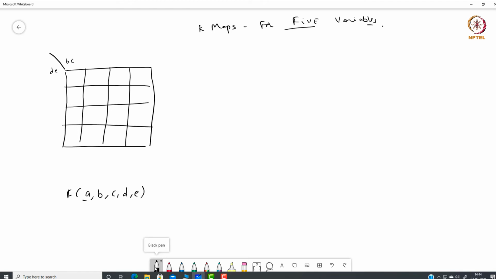And then each cell we divide into a lower triangle and an upper triangle, and for A we write 1 on the upper triangle and 0 on the lower triangle. This way we are going to divide each of the cells into 2 parts.